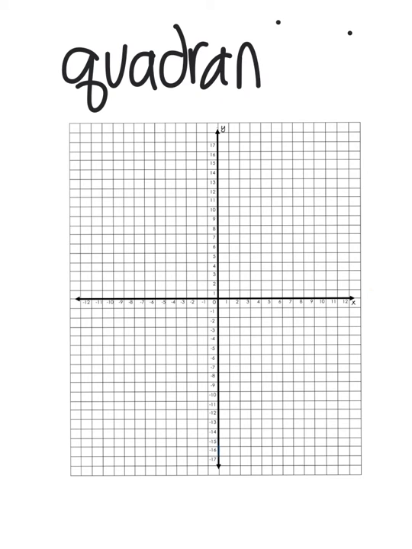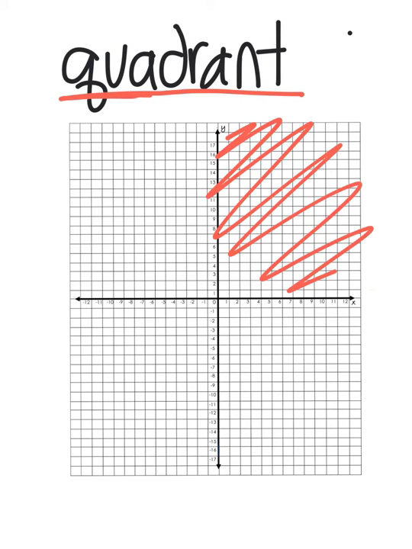The last vocabulary word that we need to learn today is a quadrant. So I'm going to write that out. Okay, go ahead and say that word. Special emphasis on this Q-U-A, quadrant. Okay, a quadrant is just talking about a broad area on the graph. So they're labeled with, it's called Roman numerals, okay? So quadrant 1 would be this right here in red. That would be quadrant 1.